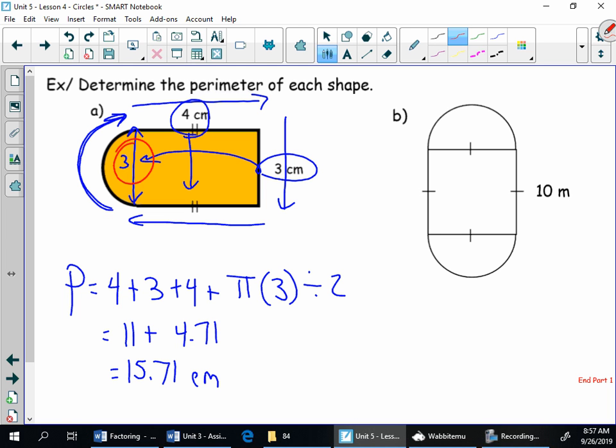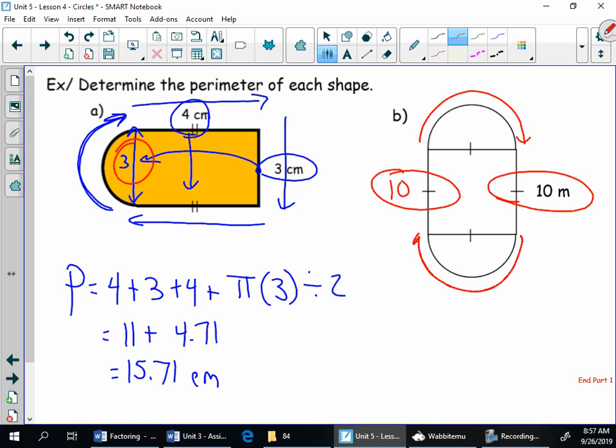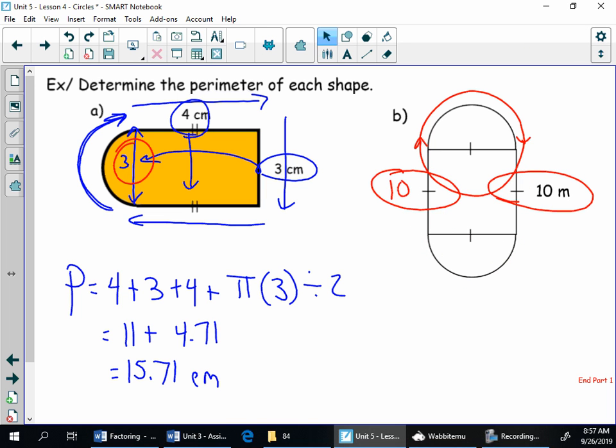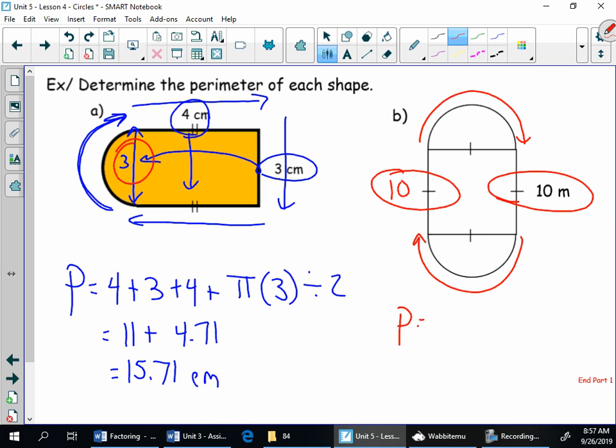Okay, we'll try the next one here. I need to go all the way around this shape. What do I know about the around pieces? Well, that's 10, and so is that. Okay, I've got to walk all the way around the curved part and around the curved part at the bottom. If I take those two curved parts and put them together, doesn't that make a circle? So what do I really have here in this shape? Well, my perimeter is made up of a 10 and a 10, the two sides, plus a whole circle.